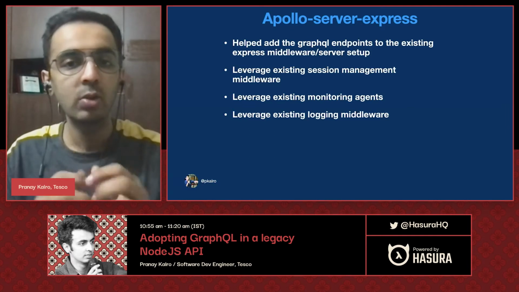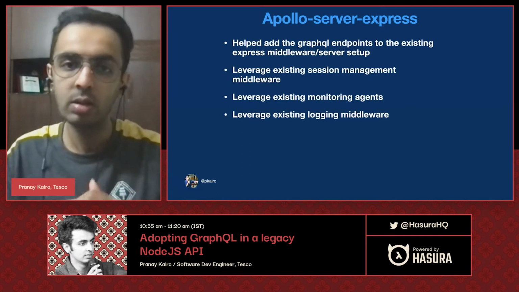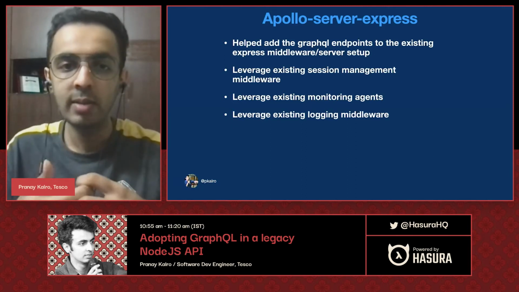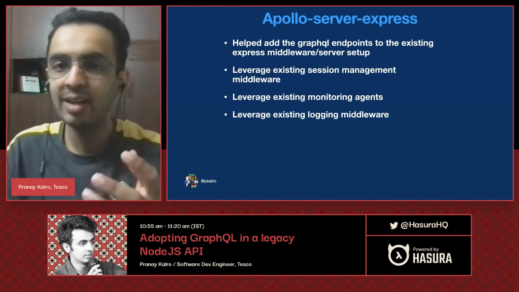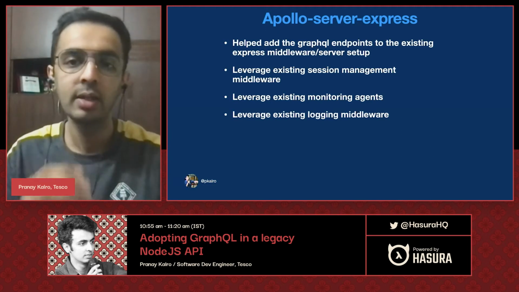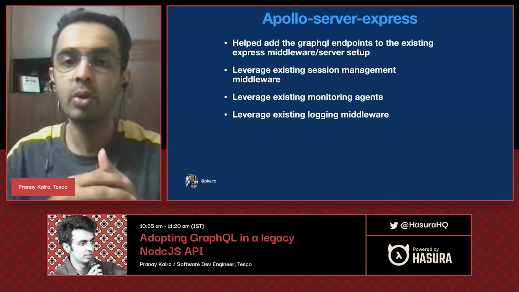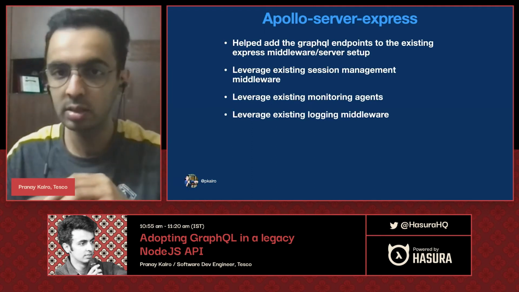So what we did was, Apollo Server Express is a middleware which works well with your Express servers. What this helped us do is, we added the GraphQL endpoint. As you know, GraphQL is just a single endpoint, and you have different queries and mutations that you pass in the request body.